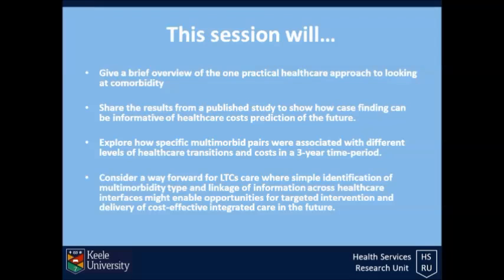By linking to other data, such as accident and emergency data and hospital data, we can look at transitions in care and also costs. In this particular project, we did that for a 3-year time period. We think this is a way of considering long-term condition care, both in terms of identifying multimorbidity type, linking information across healthcare interfaces, and providing an opportunity for targeted intervention.